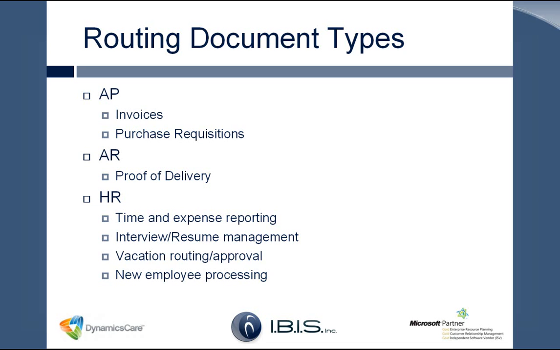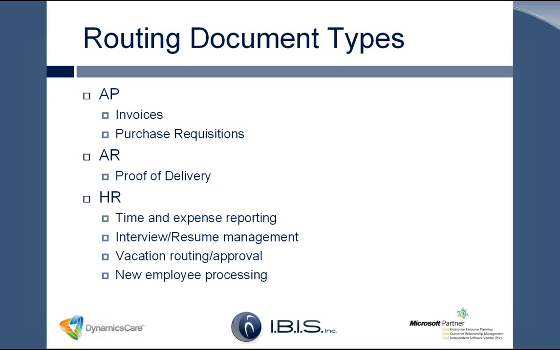If you've got informal processes in place around purchase requisition, but you have a lot of them that you're processing on an informal basis, I would encourage you to work with your IBIS team to explore options to be able to automate that process as well. So first identify the percentage of invoices versus purchase requisitions.